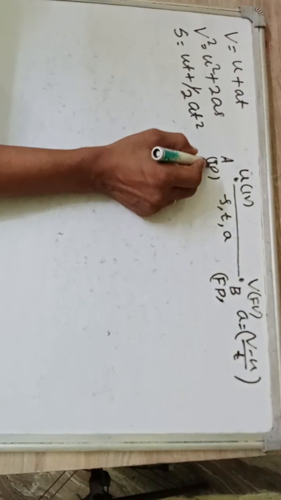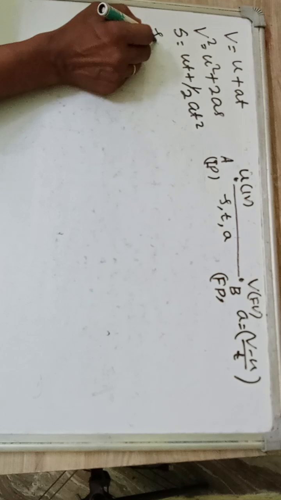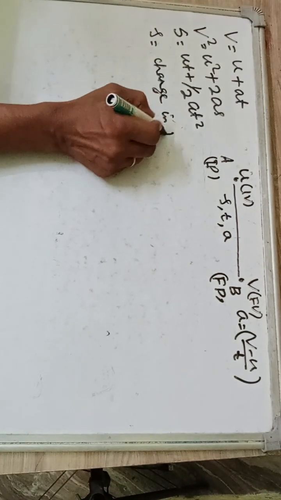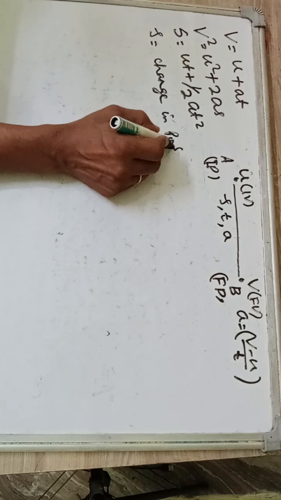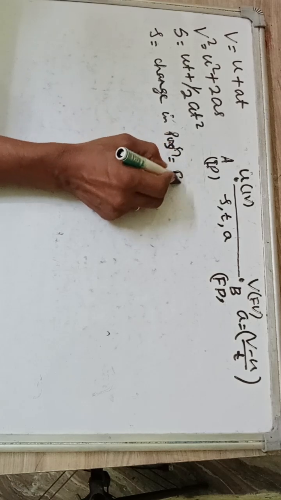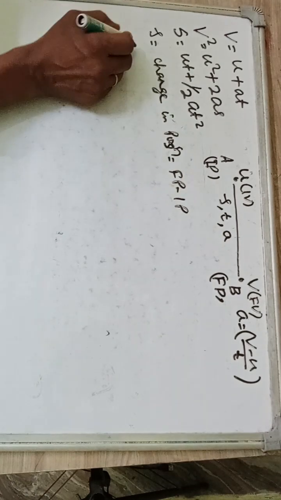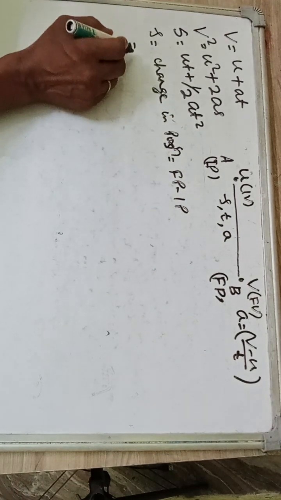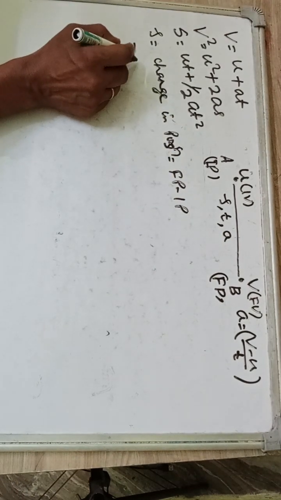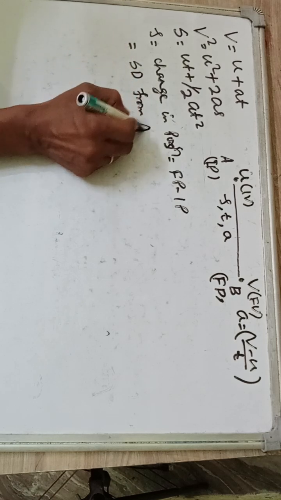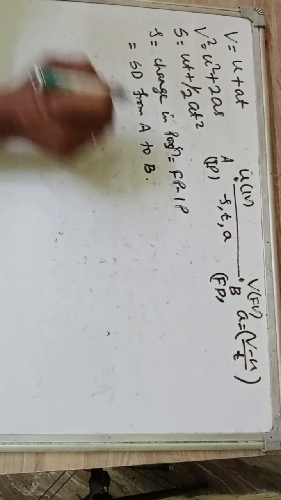And s is our change in position, that is final position minus initial position, and this also is the shortest distance from A to B.